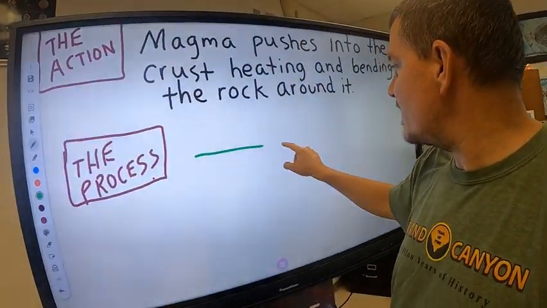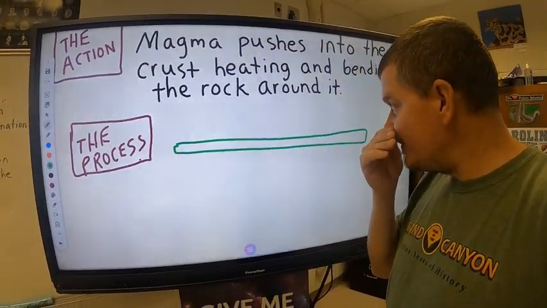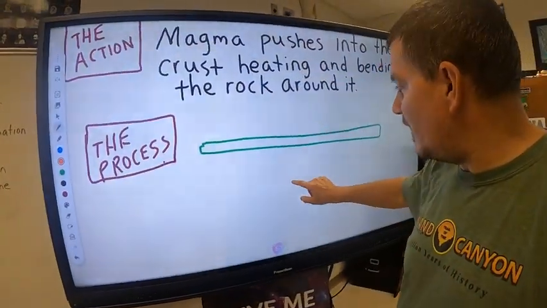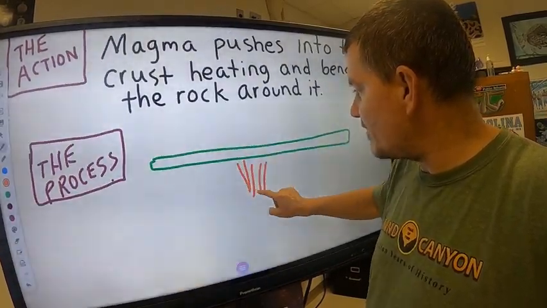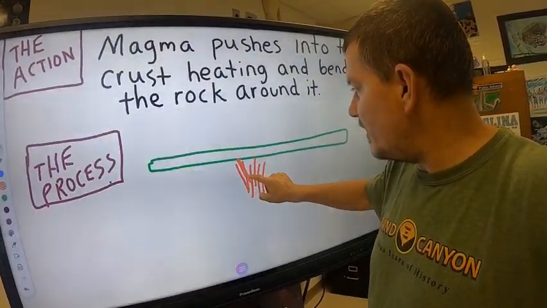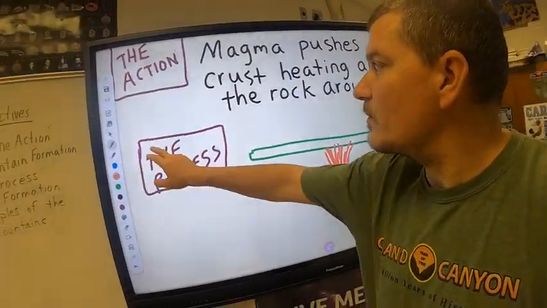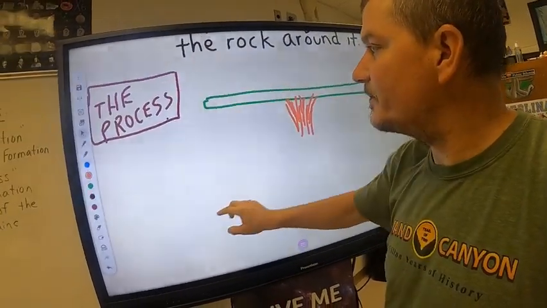So in the process, just like in these others, we're going to have some block of land, some piece of crust that's there, and underneath that we have this rising plume of magma starting to push up onto the bottom of that crust. Slide it up a little bit more.